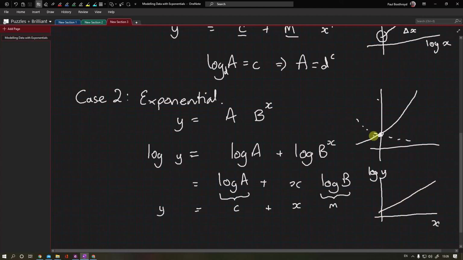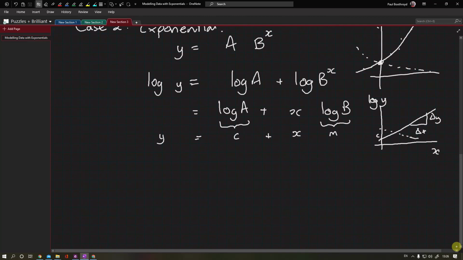And again, you've got approximate points. If it's a decay one, it should go down like that. And what we're going to find out is there's my c, find my gradient.